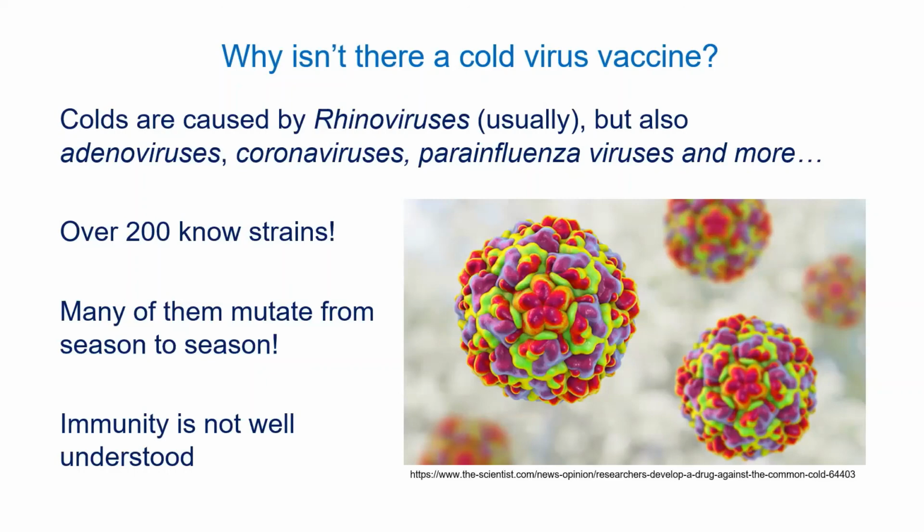Never mind those other types of viruses such as adenoviruses, coronaviruses, parainfluenza. These can all cause cold-like symptoms. So it's quite complicated, right? And the other reason is, quite honestly, people are not usually dying of the cold. It's an inconvenience, and they're super annoying, but the challenges are huge.